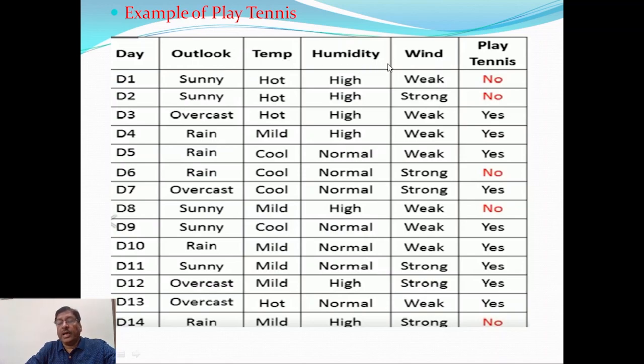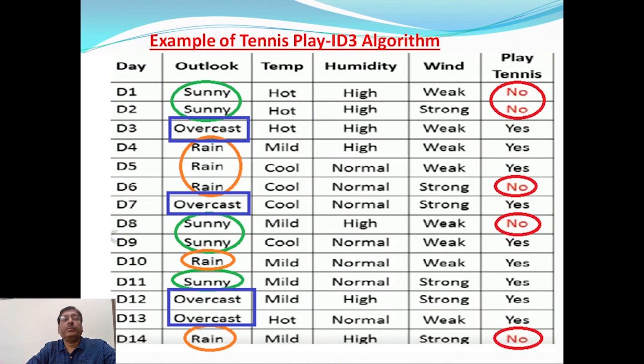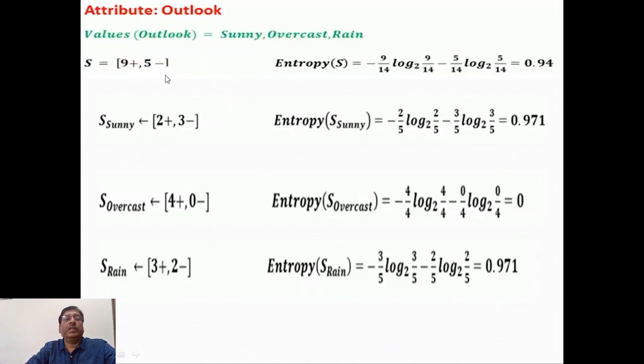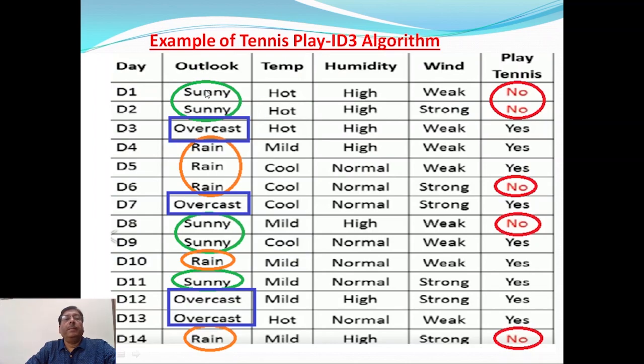In order to find that, we have some certain formulas which we are supposed to use. I'll show you that. Let's go with this particular example of tennis play, and then we'll try to apply this ID3 algorithm, wherein we need to find the entropy for outlook, similarly for temperature, humidity, wind, and so on.